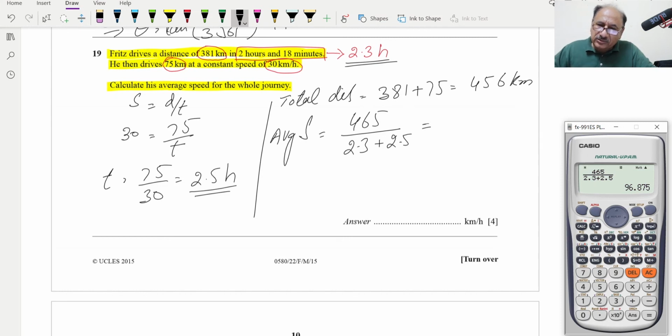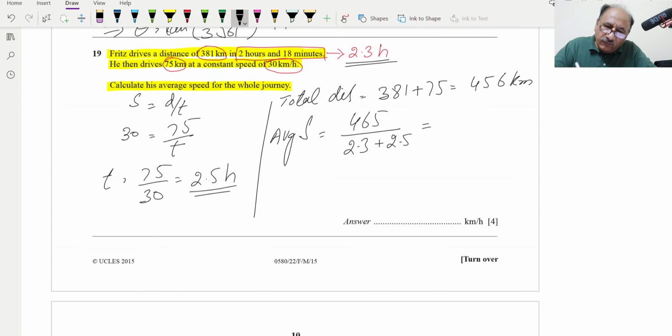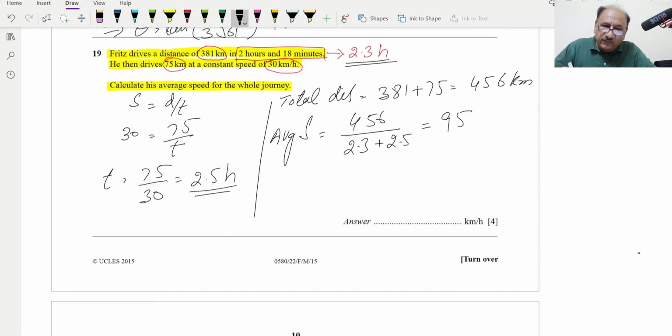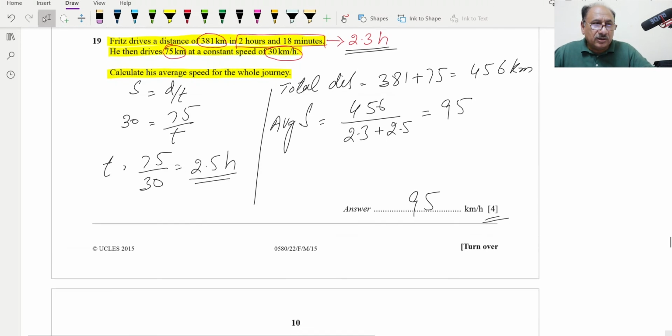Basically it's not 465, it's 456, so let us rectify this. And this is equal to 95. So 95 kilometers per hour will be our final answer for this question, which we are done with.